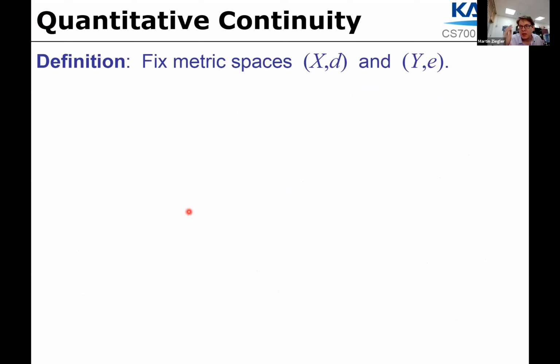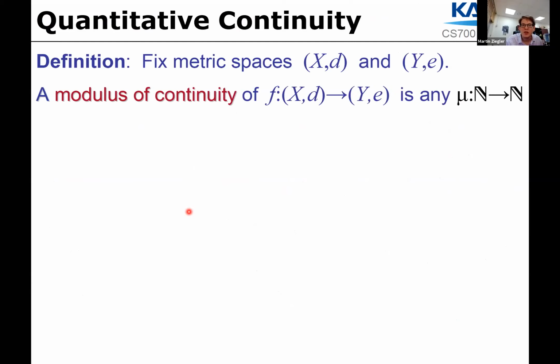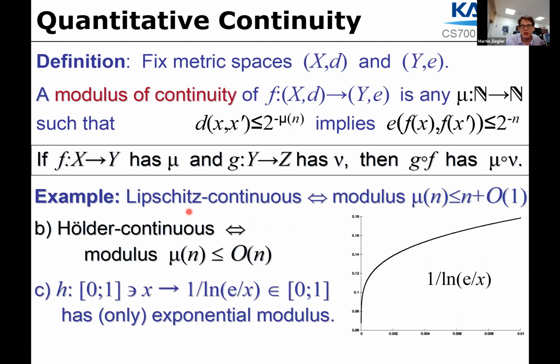So then we've talked about modulus of continuity and how that quantitative notion of continuity recovers some of the quantitative notions that you probably have learned about in calculus, namely Lipschitz continuity and Hölder continuity.